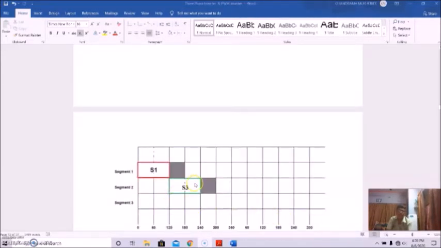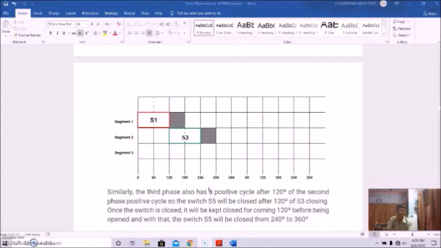This is the conduction mode of segment 2 for S3, from 120 degree up to 240 degree. Similarly, the third phase also has a positive cycle after 120 degree of the second phase positive cycle.